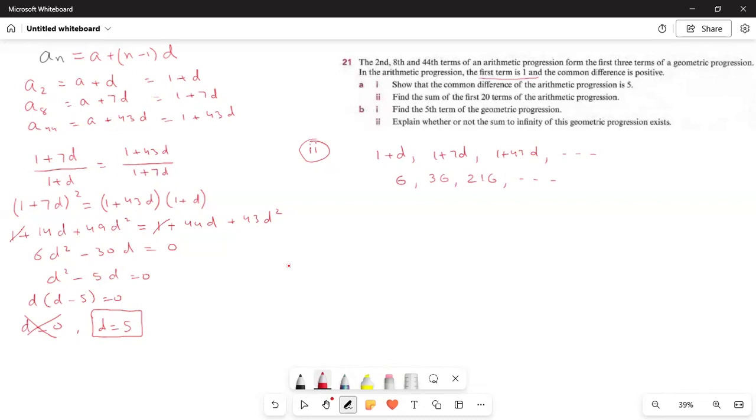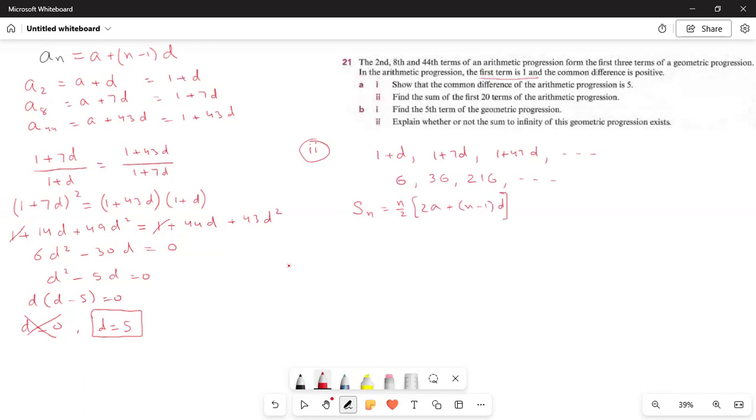Now we need to find the sum of the first 20 terms of the arithmetic sequence. So we start to work with the arithmetic sequence. It is easy. For an arithmetic sequence, the sum of n terms is n by 2 times 2a plus n minus 1 into d. You know this thing.